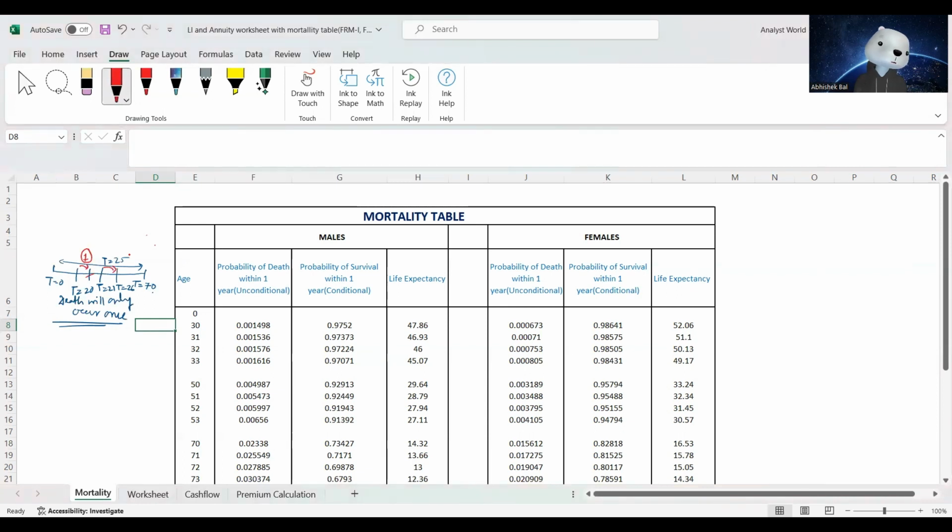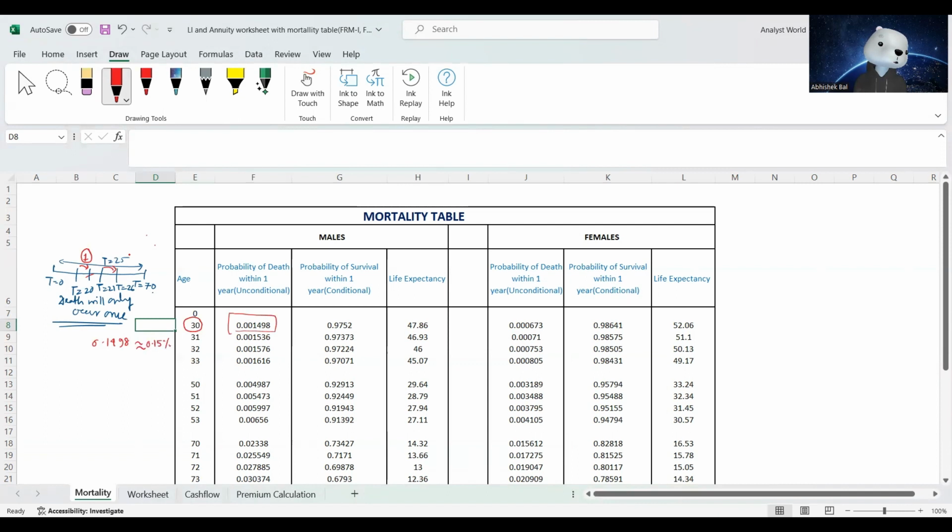So, for example, if we are talking about a 30-year-old male, the probability that the person may die between the year 30 and 31 is 0.001498, which if you translate into percentage terms happens to be 0.1498, roughly speaking, 0.15%.